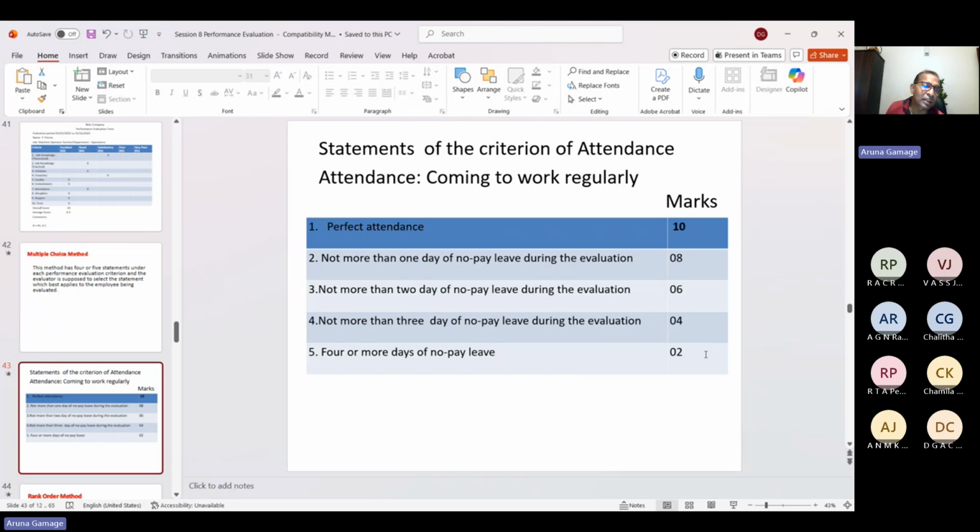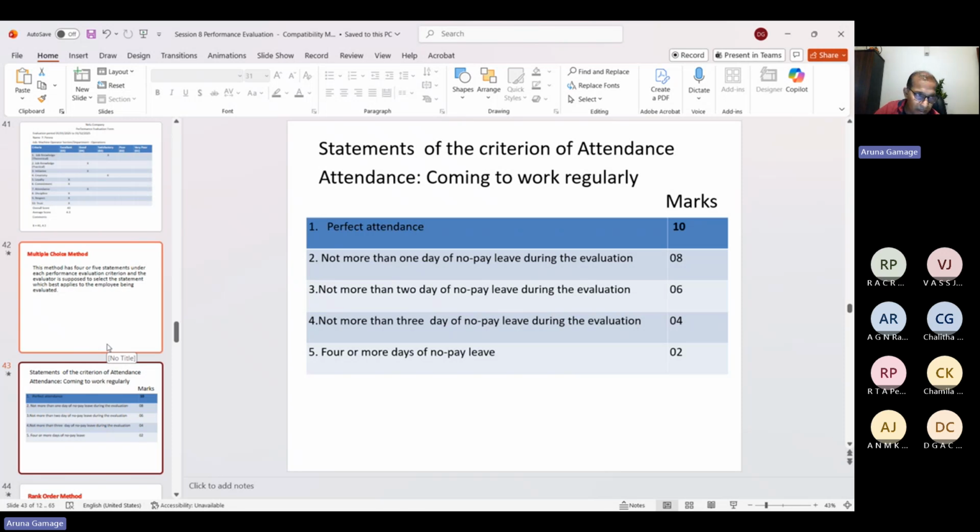You can give the relevant mark. This is just one criterion, attendance. You can develop these types of statements with regard to the others, then evaluate. So this is a good method as there are several options, so evaluation is very accurate.